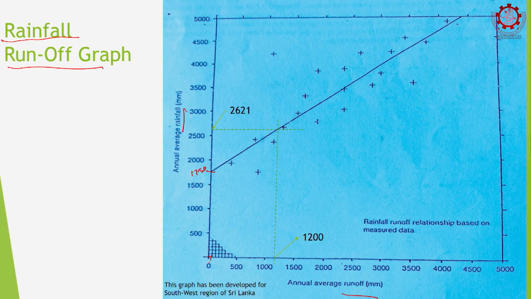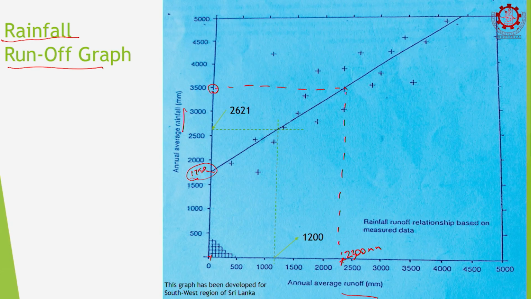What does it mean? If the annual average rainfall is this low, the river will be dry almost, right. But if the average rainfall is say 3500 millimeters, then your river will carry approximately say 2300, corresponding to 2300 millimeters of rainfall will be flowing in the river.